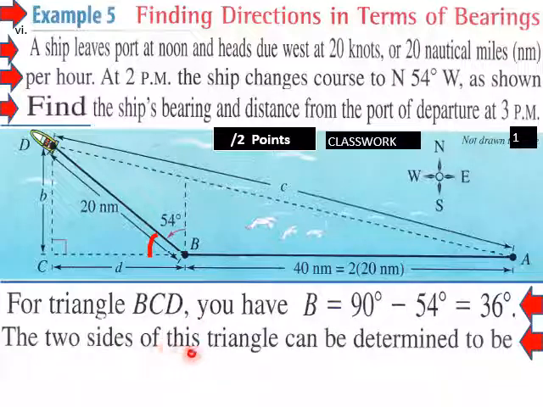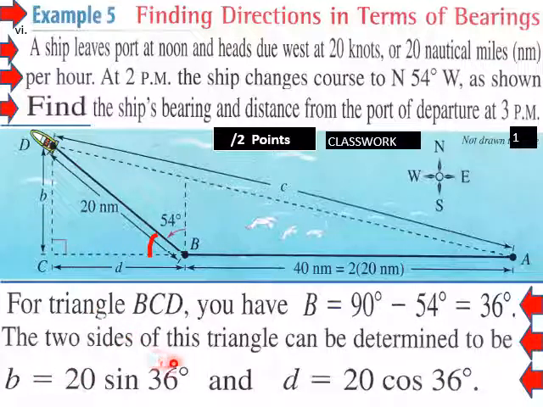The two sides of this triangle can be determined to be b equals 20 sine 36. So b, which would be here, we need to find this distance so we can do our problem. b equals 20 sine 36, and d, which is here, equals 20 cosine 36. So we're using a cosine function and a sine function from this angle here.